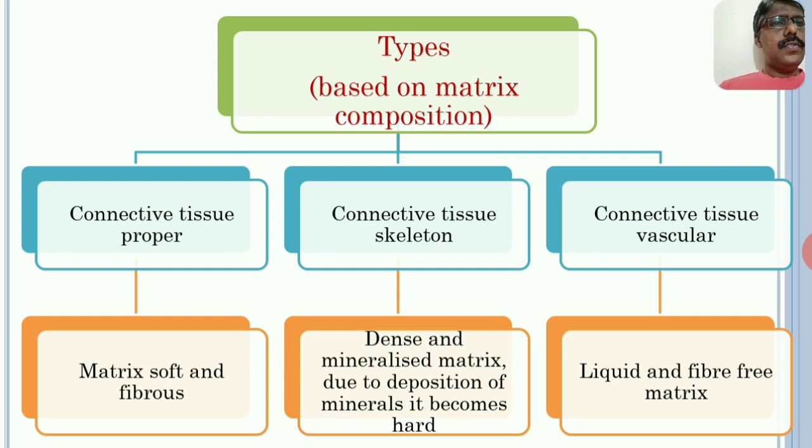Types of connective tissue based on matrix composition. Connective tissue proper: the matrix is soft and fibrous. Connective tissue in skeleton: dense and mineralized matrix. Due to deposition of minerals, it becomes hard.